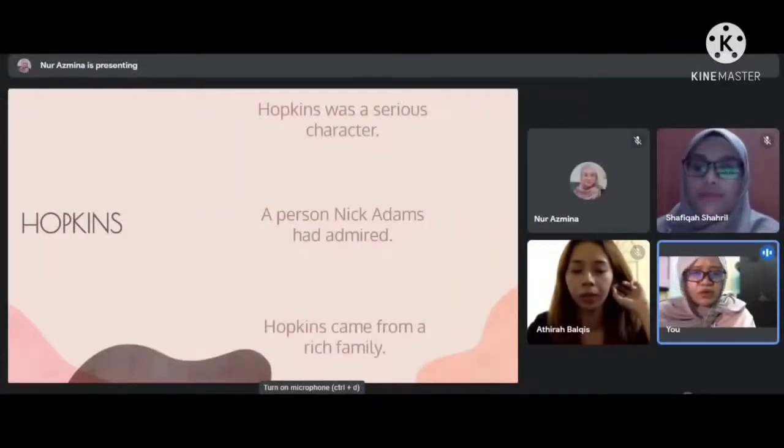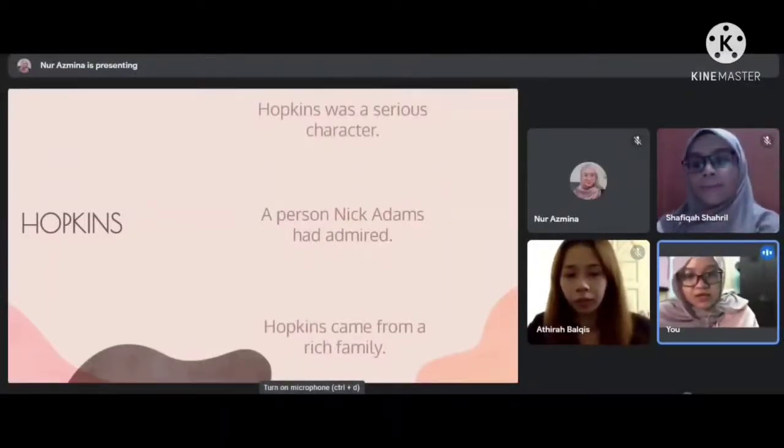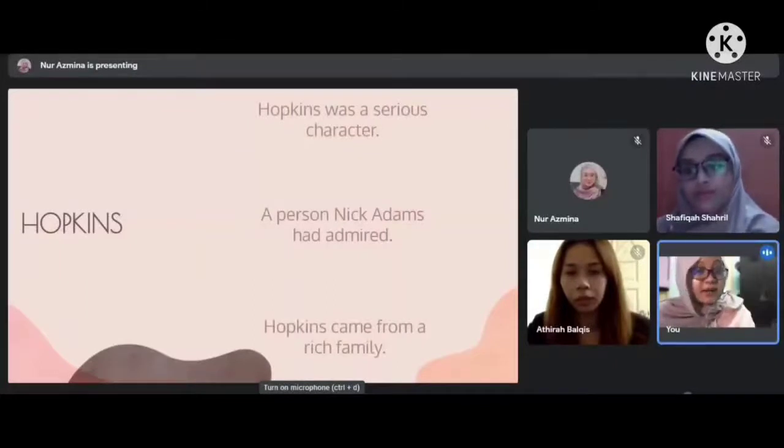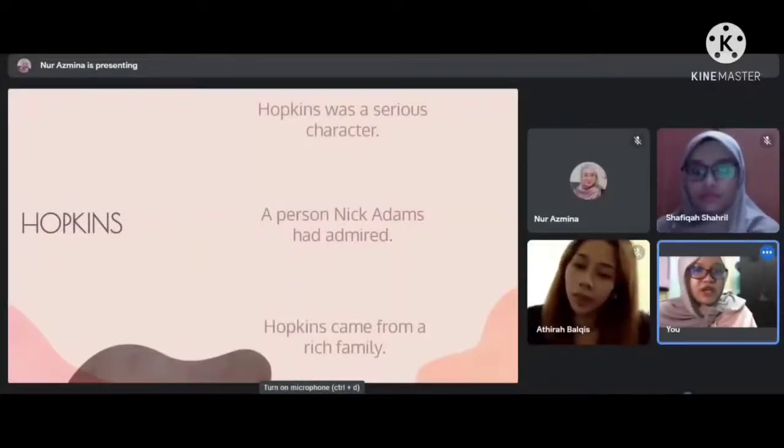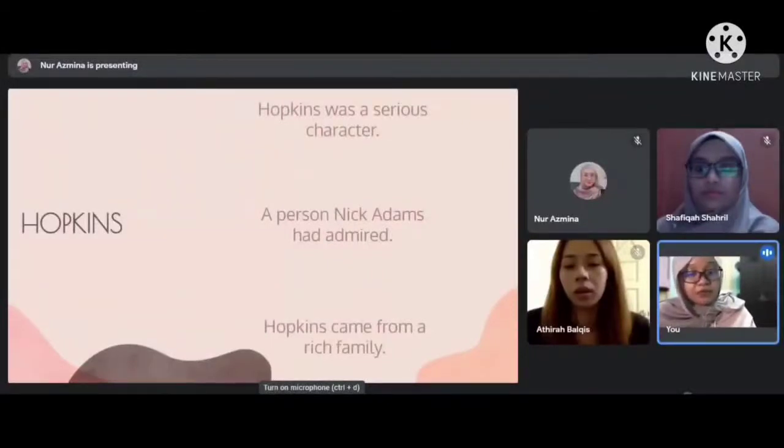And from the tone of Nick Adams' descriptions of Hopkins, he had admired Hopkins, because Hopkins is a generous person, as he had given his own gun to Nick. It was also described that Hopkins came from a rich family.